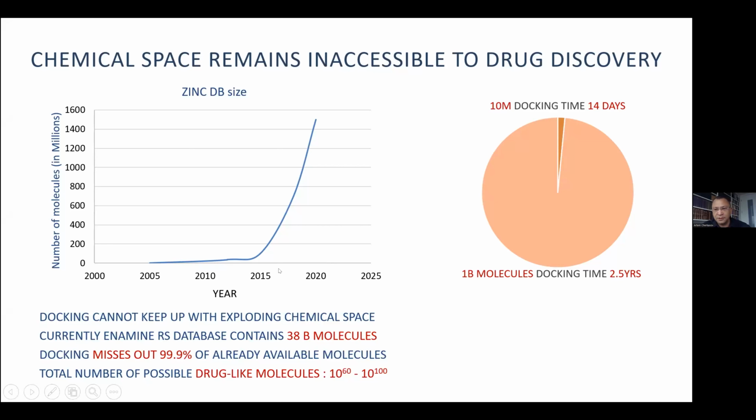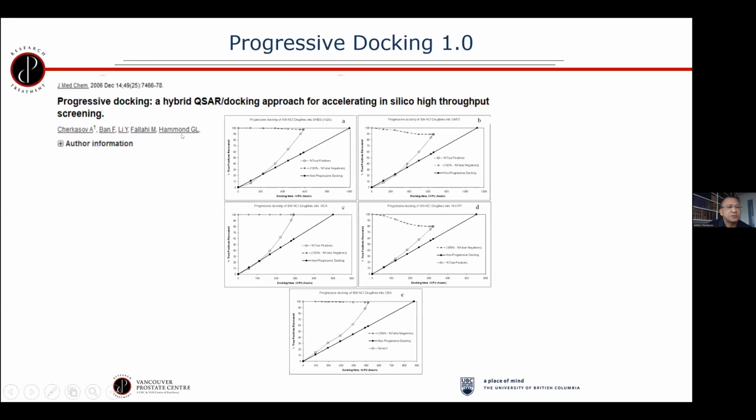2015 brought this significant challenge: currently available purchasable chemical compounds can no longer be docked using a reasonable amount of computational resources. And so roughly in 2018, 2019, my lab went back to a very old original idea, which I published in 2006, called progressive docking. Back in 2006, I said, what if we stop generating docking scores?